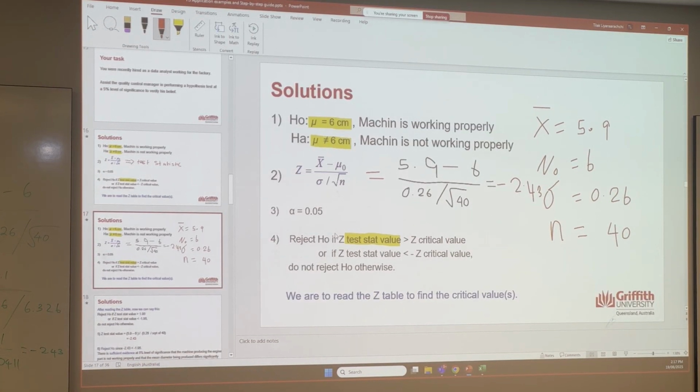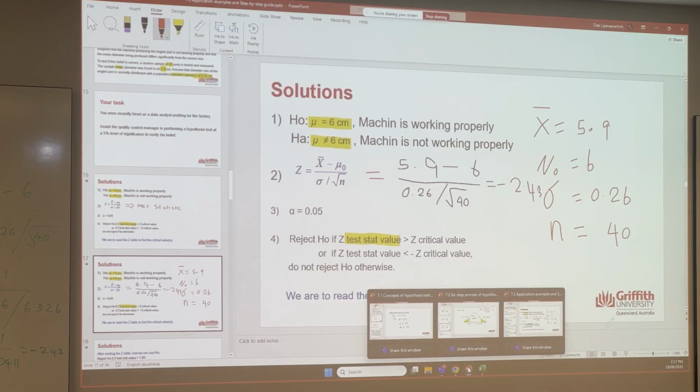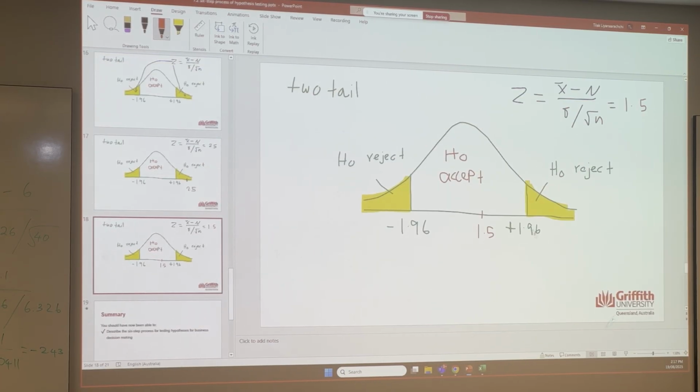So now you have to find the critical value. Critical value means, in the Z distribution, we have to make a decision at different alpha.